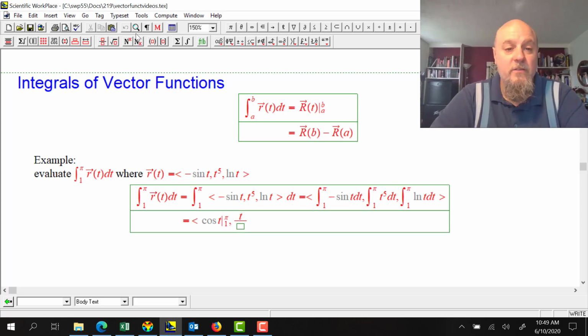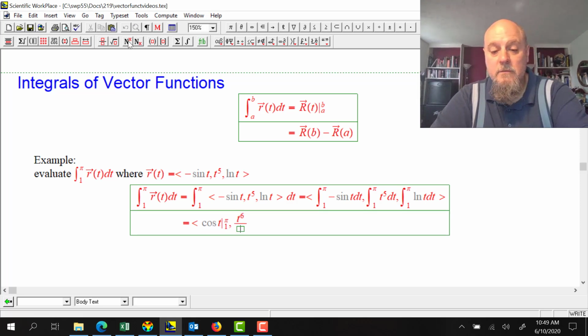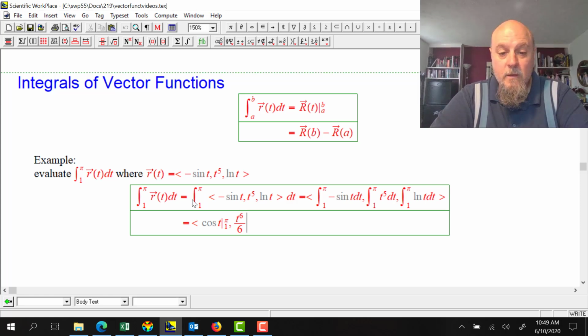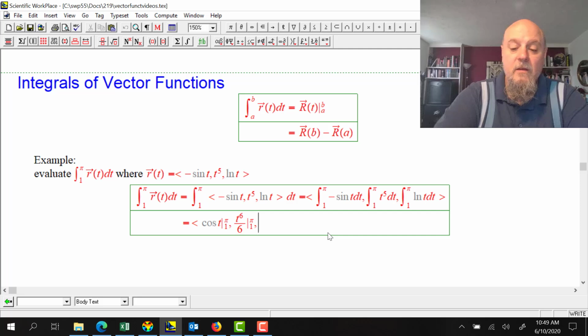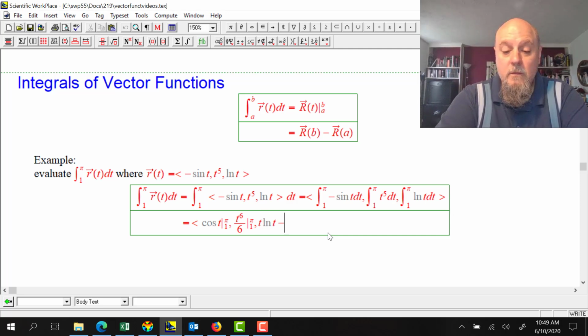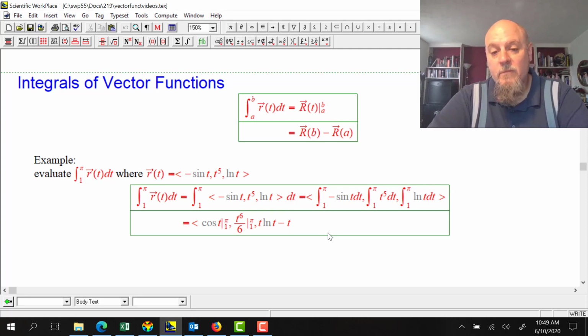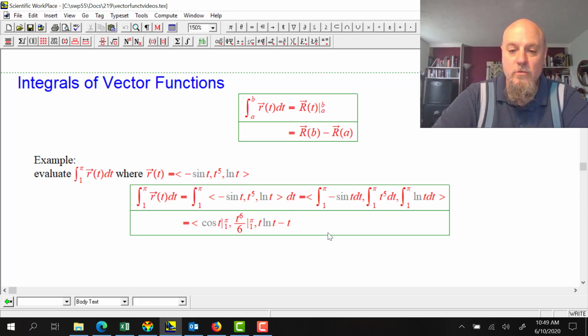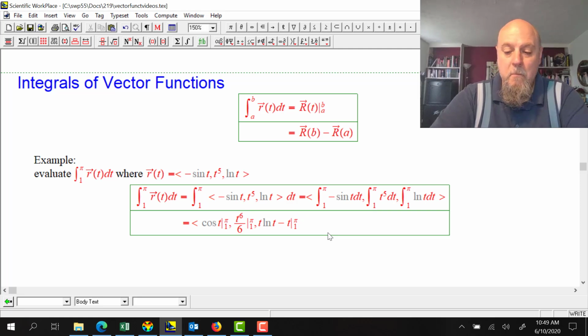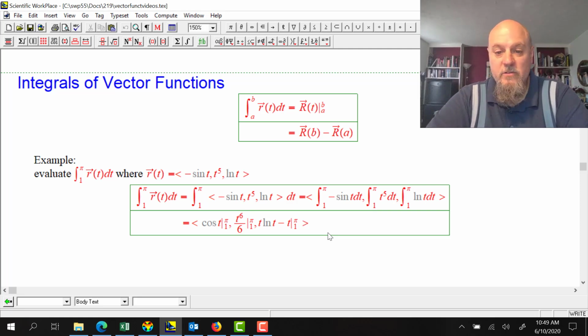So t to the 6th divided by 6. Again, sub in the top minus sub in the bottom. And integrating ln t, that's going to be t ln t minus t. That's a rule that you know, or you can do integration by parts to check it out.